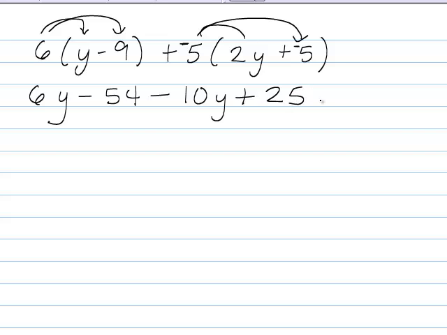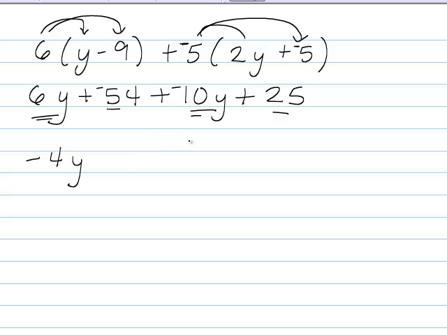Now I can combine like terms. I first will change these to addition of the opposite so that I can rearrange. And then I have 6y and negative 10y. That's going to give me negative 4y. And then I have negative 54 plus 25.